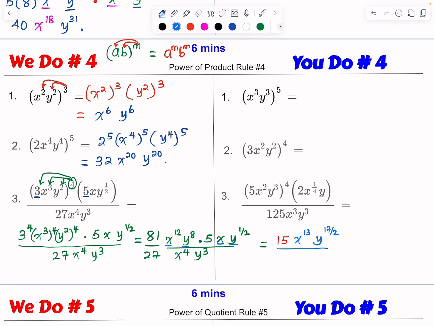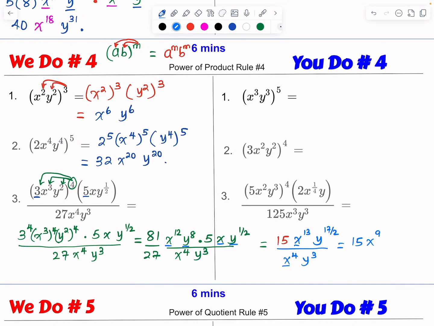And then I need to divide this one by x to the 4, y to the 3. And if I do the math, this one will give me 15. I'm dividing these two, so I should subtract. So I should say 13 minus 4. 13 minus 4 will give me 9, right? 9, yes.